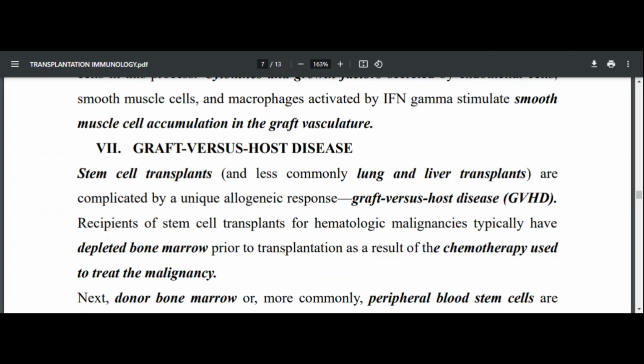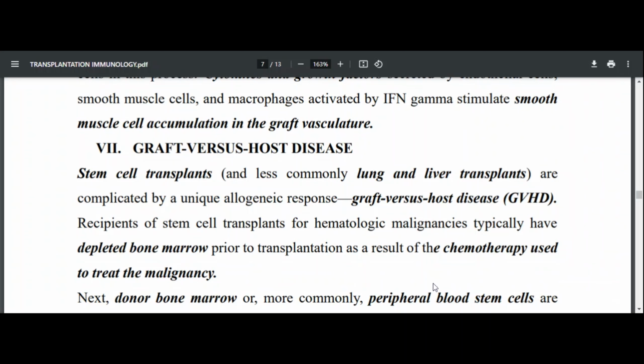Stem cell transplant, or sometimes lung or liver transplant, can be complicated by a unique allogeneic response, which is called graft-versus-host disease. Let's talk about stem cell transplant, because it is most commonly associated with graft-versus-host disease.